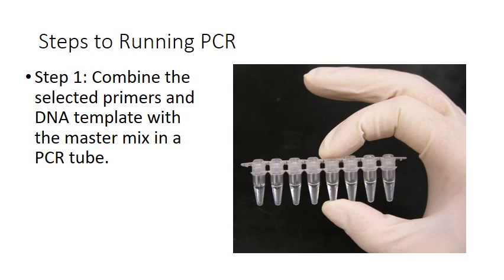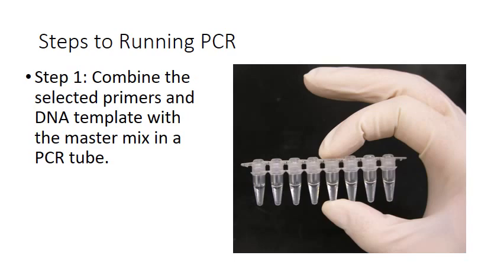But essentially, you're going to take your primers, which are specific for your target DNA sequence, and you're going to include those primers along with your DNA template, and that is the DNA that you want to be copied, right? So we're going to take those primers, your DNA template, and put that in with our master mix, our concoction, our cocktail of PCR. Okay.